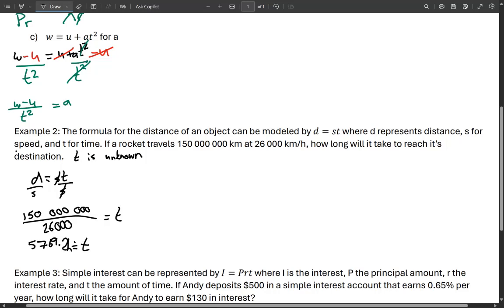So H for hours there. And it's a word problem, so we got to finish it off with a therefore statement. So therefore it will take about, because we had to round, 5,769.2 hours.